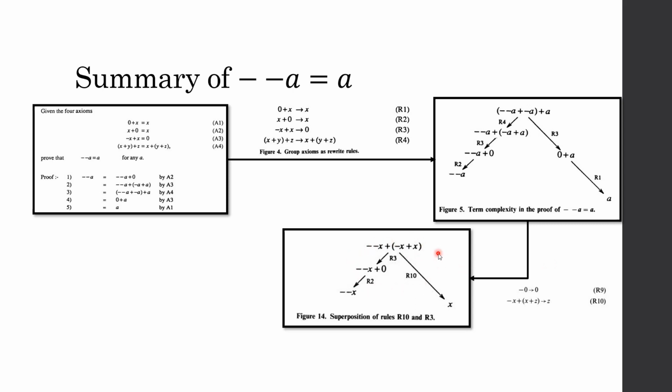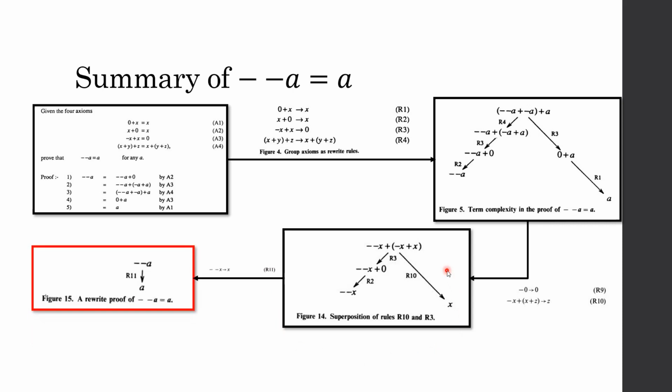After having these new rules, the superposition of R3 and R10, we simplify our proof, and eventually add in another new rule, negative x rewrites to x, and now we have a straightforward rewrite proof from negative a straight away to a, because of the new rules that we generated through superposition of the rewrite rules we have.